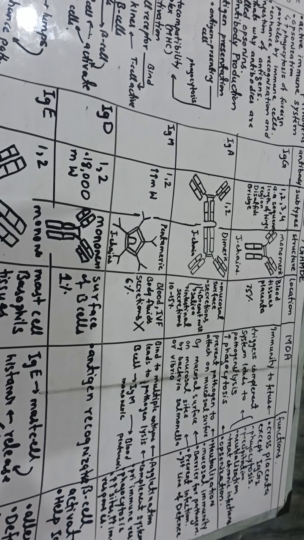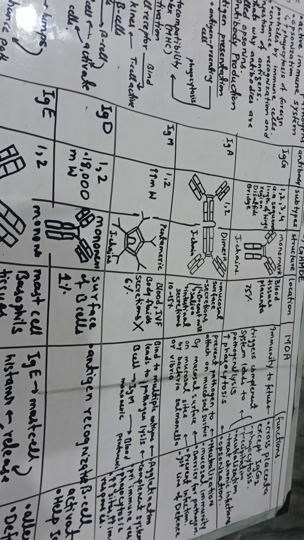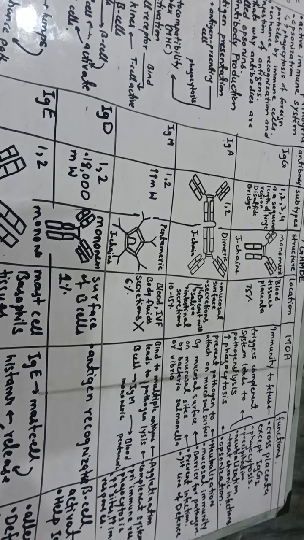Their function is that they can cross the placenta, except IgG2. It cannot cross the placenta, while the others, IgG1, IgG3, and IgG4, can cross the placenta. They play an important role in phagocytosis.